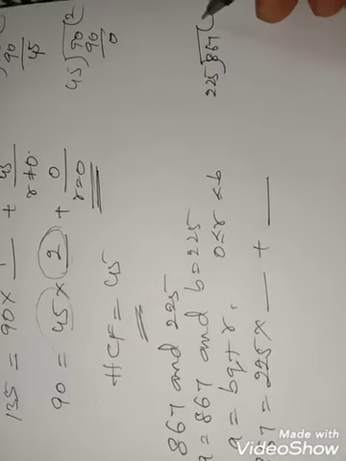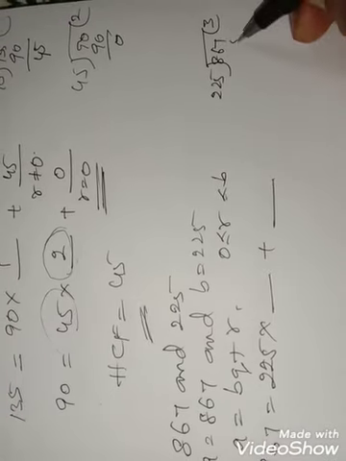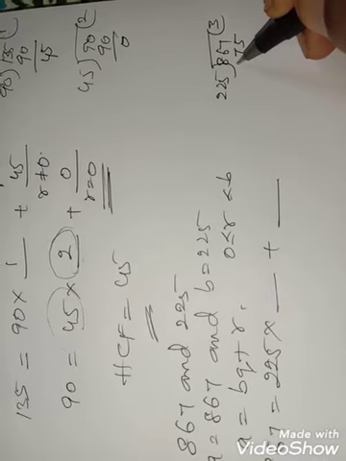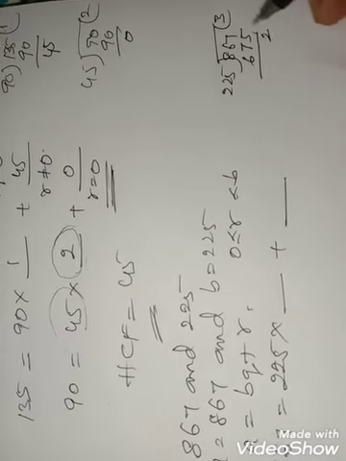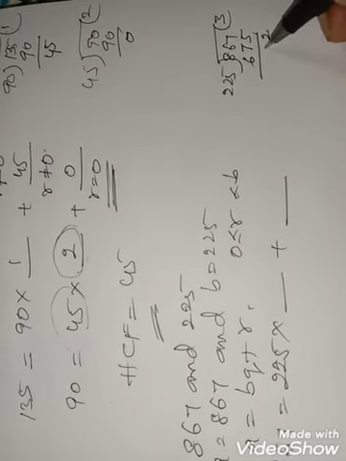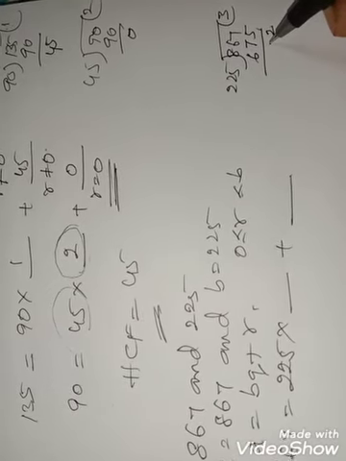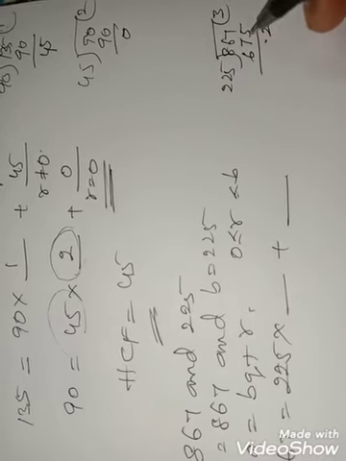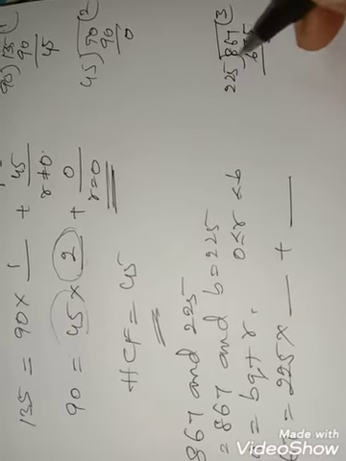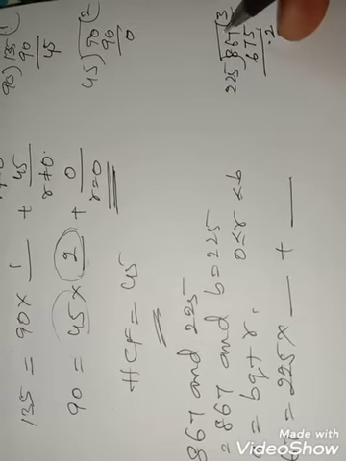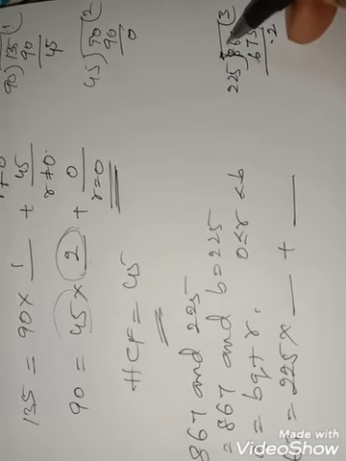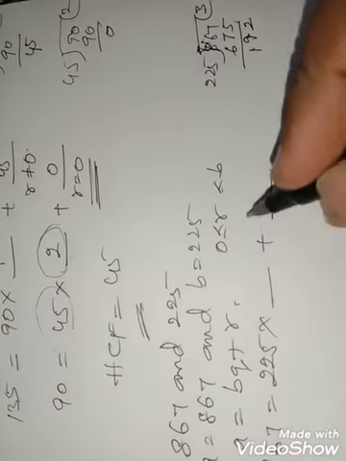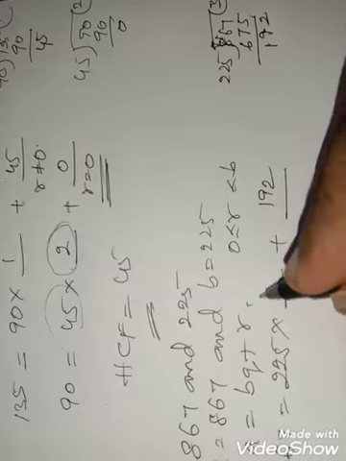So 867 divided by 225. If I multiply 225 with 3, you get 675, and the remainder is 192 and the quotient is 3.